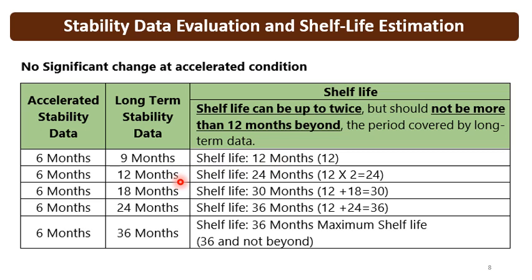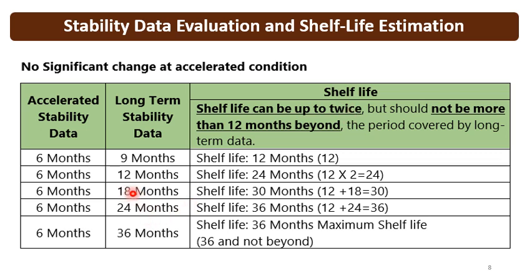If you have 12 month long term data, twice of the 12 months will become 24 months. If you have long term data of 18 months, so 18 plus 12 will become 30 months, because here it can be up to twice but should not be more than 12 months beyond.